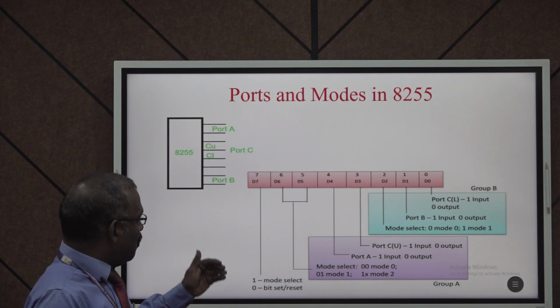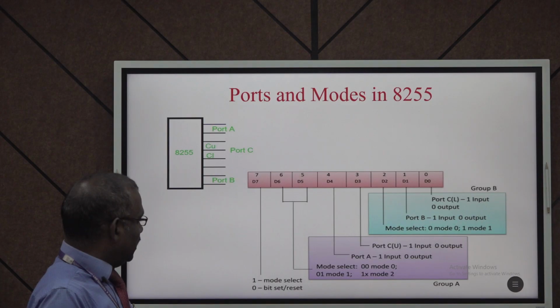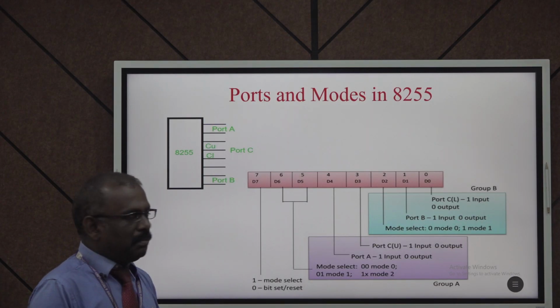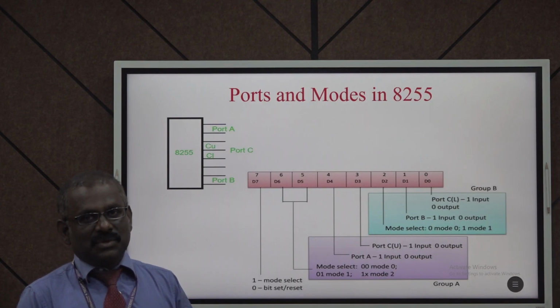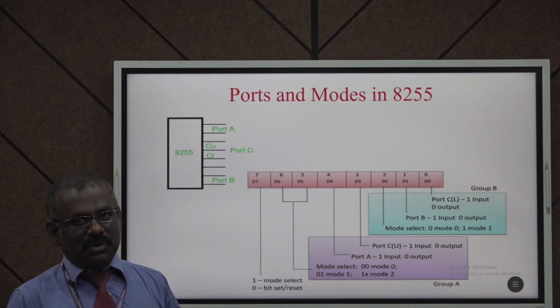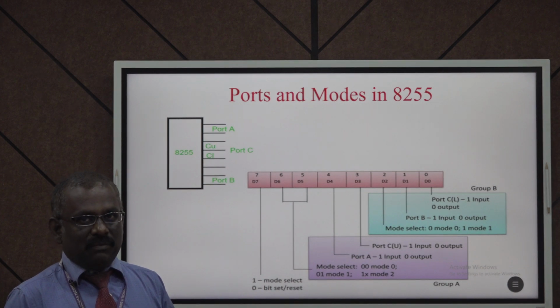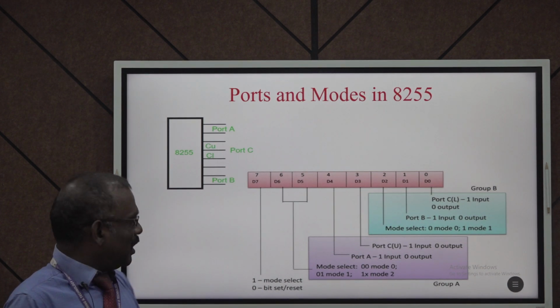While we are operating group A in mode 2, we can configure group B pins to operate in either mode 0 or mode 1. We will discuss all these modes one by one.